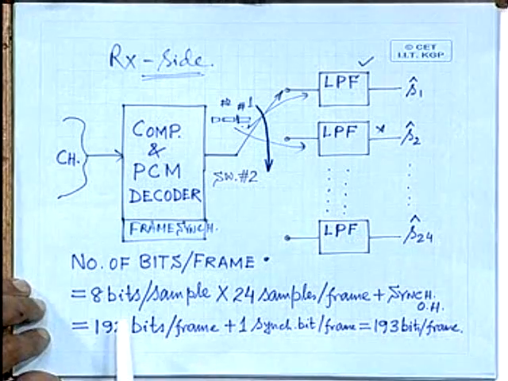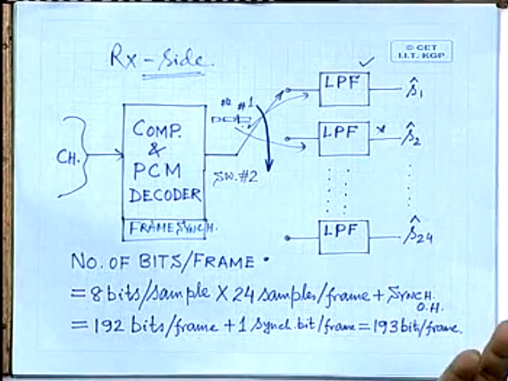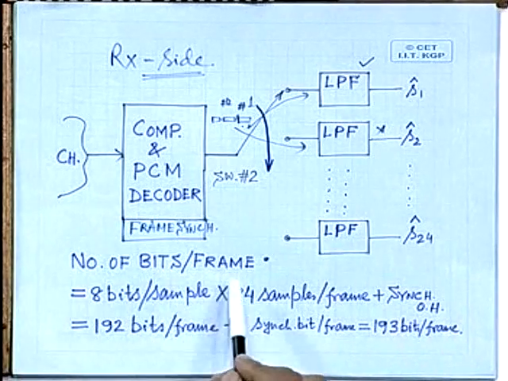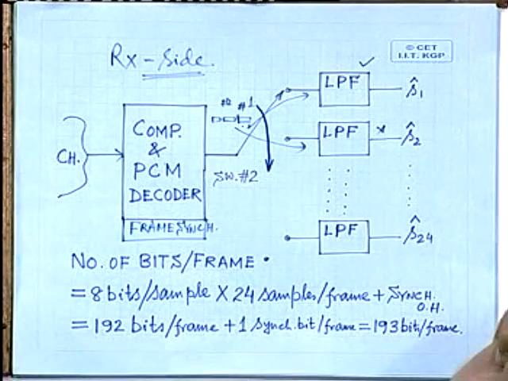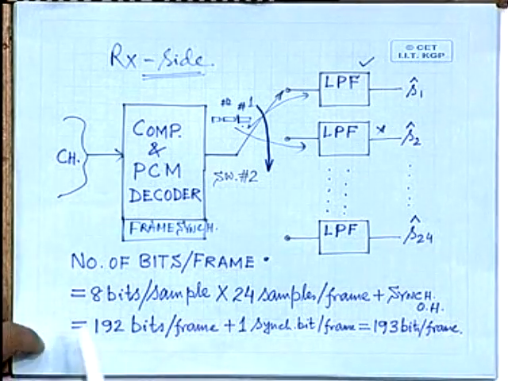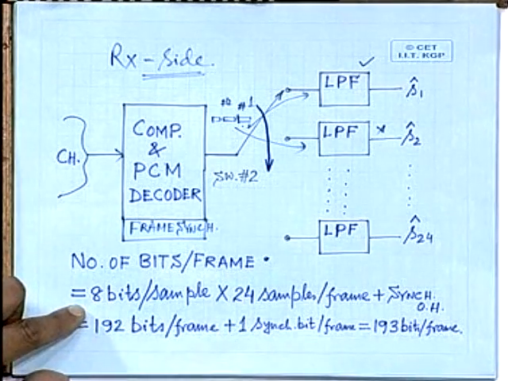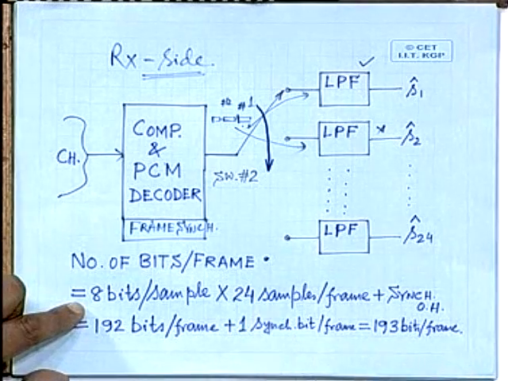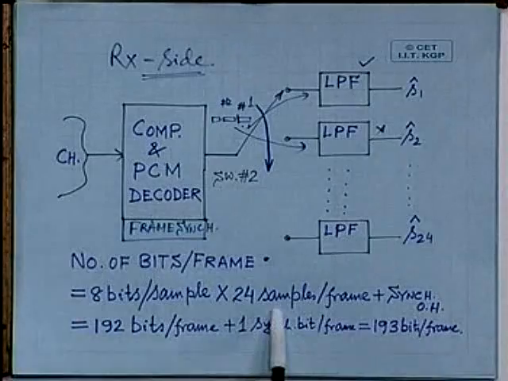So we'll go somewhat quickly today, and do a few simple calculations, like the number of bits per frame. We talked about a frame accommodating 1 byte from each user, and there being 24 users, the number of bits per frame will be 8 bits, which makes one sample in the digital domain, 8 bits per sample into 24 samples from 24 users.